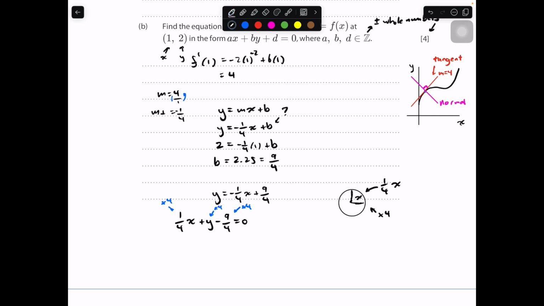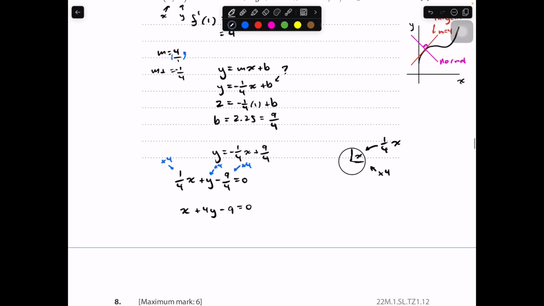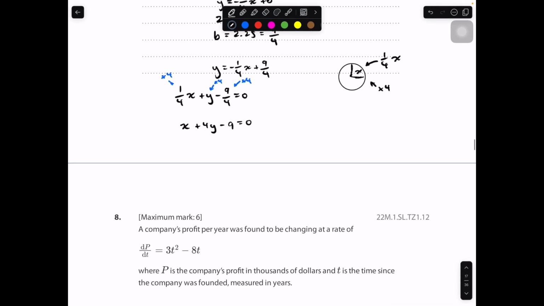So 1/4 x times 4 is just x, y times 4 is 4y, and negative 9 over 4 times 4 is equal to negative 9. And there we go, that would be our equation: x plus 4y minus 9 is equal to 0.